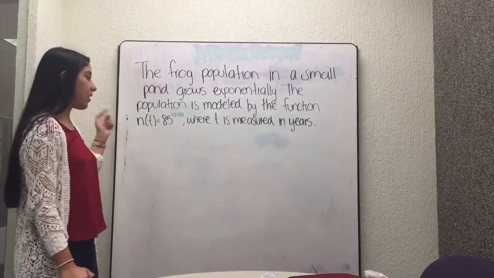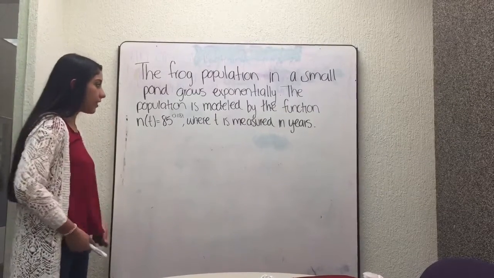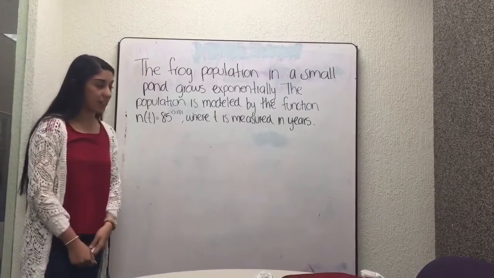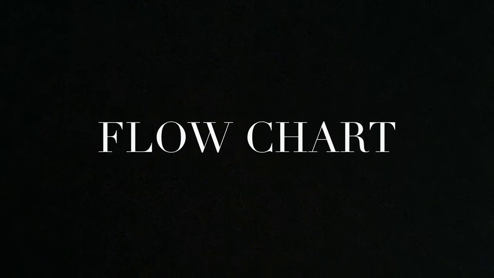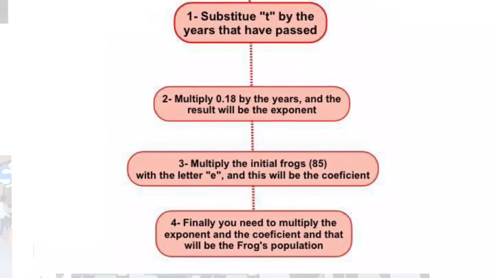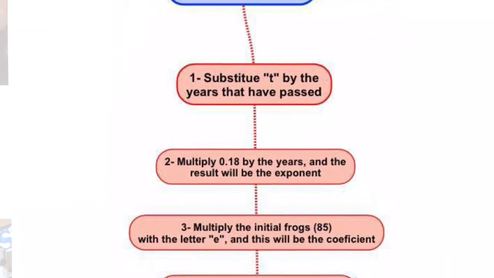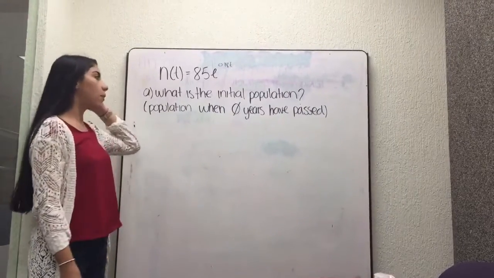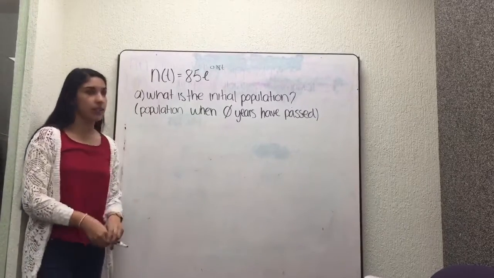The population model is n(t) = 85 e^(0.18t), where t is measured in years. The first question is, what is the initial population when 0 years have passed?